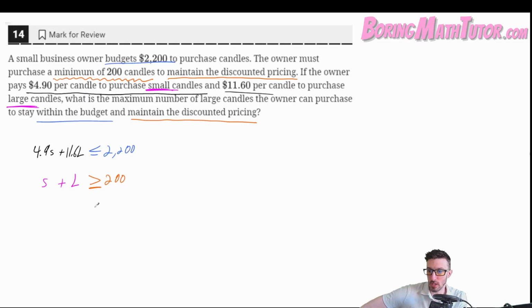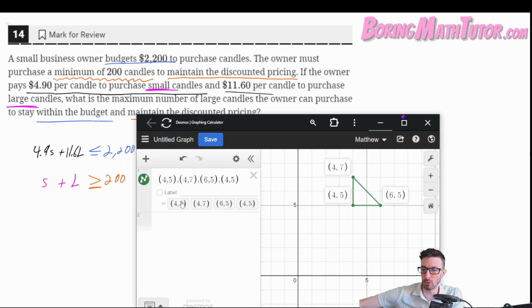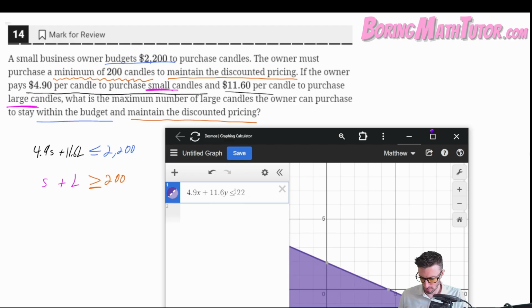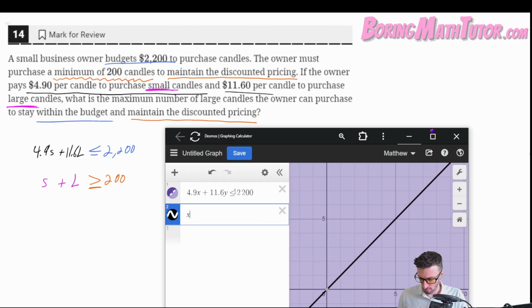Now, I would say that we want to just go to Desmos here, and we want to use X instead of S, and then Y instead of L. But I'm going to type everything in. And then once I type everything in, what am I looking for? I'm looking for the maximum number of large candles.